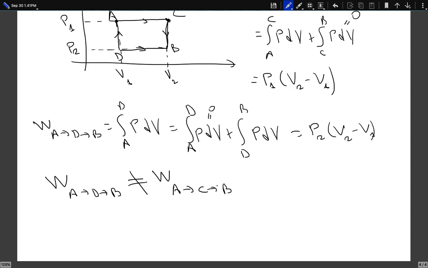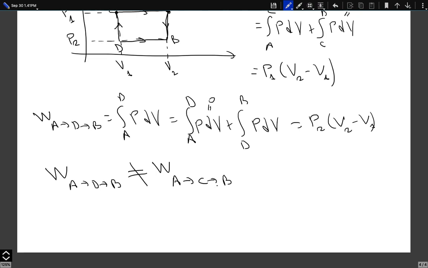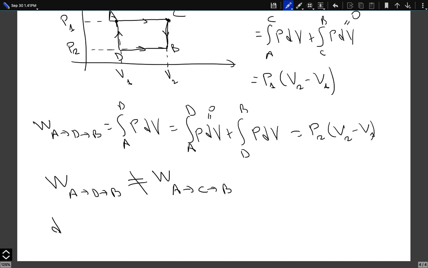You see, the initial state is the same, the final state is the same, but the work done will depend on how I go from the initial state to the final state. So because of that, it doesn't make sense to talk about the differential of W, because the differential of something is the difference as you go from some initial point to a final point.